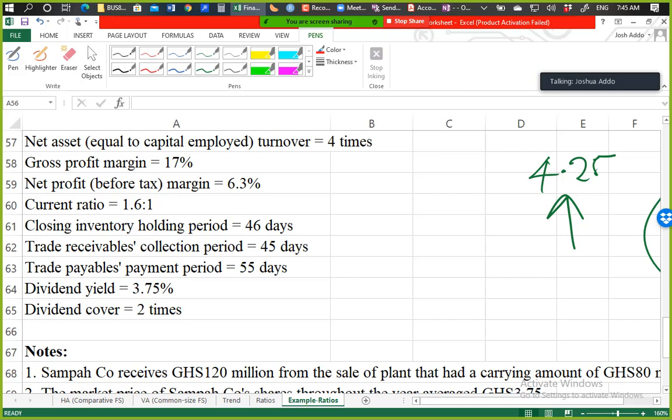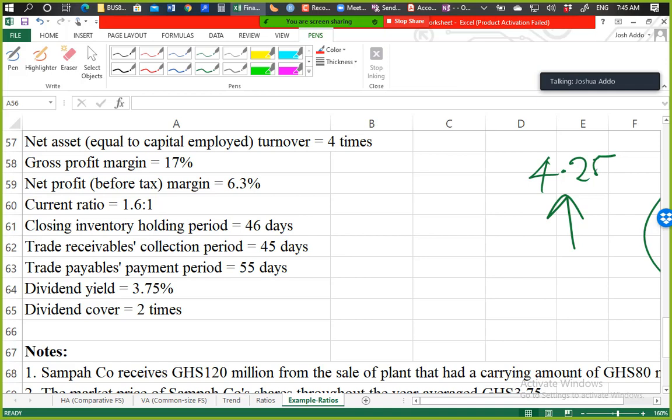So they have here net profit before tax margin, that is after charging interest. But it will be very comparable, so we can compare. So let's assume this is operating profit margin for previous year for the same company, 6.3. And this year we are doing 5.5. Someone should speak about how the company is performing.